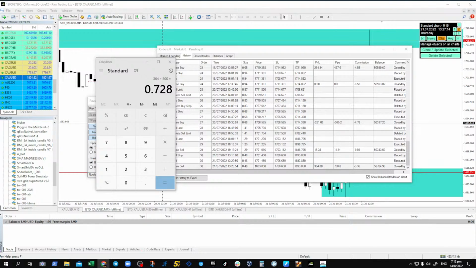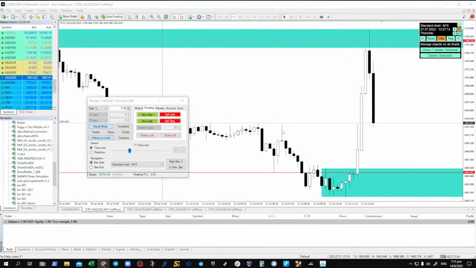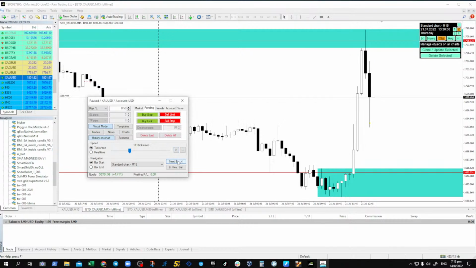Clear rejection and take profit for SR flip. Okay. So Thursday, you want to see how price moves. So this rejects back up.